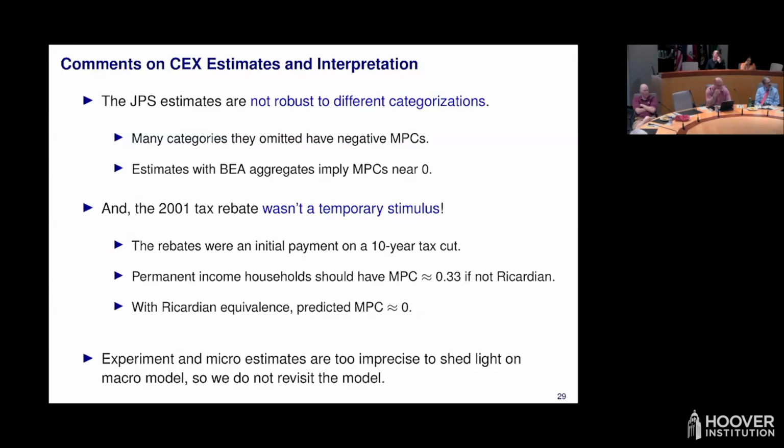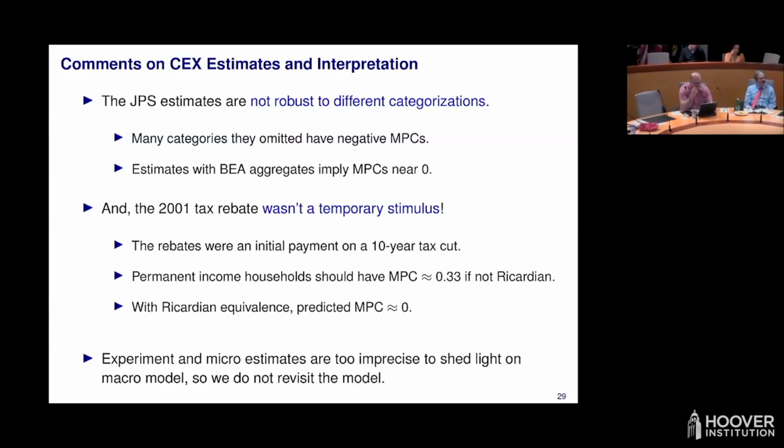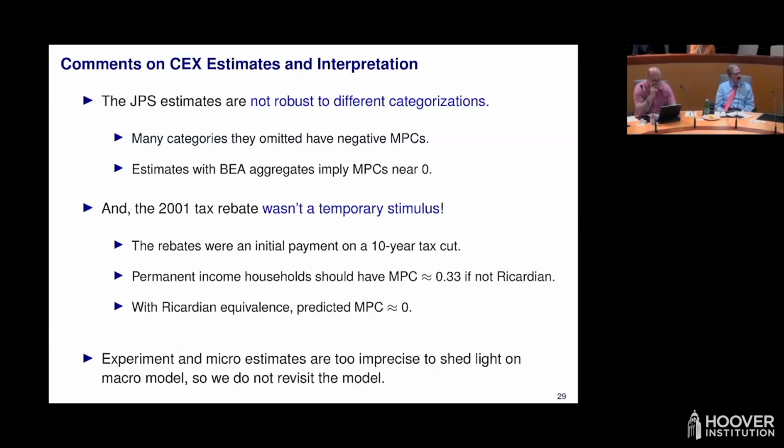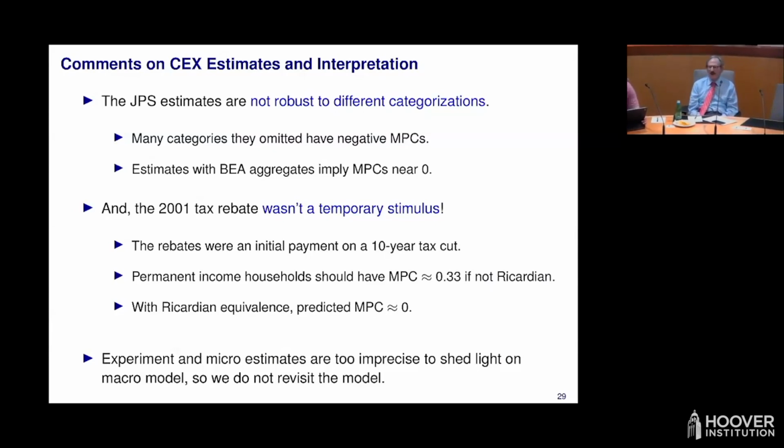Another way to divide the consumers up is into those who were excessively Ricardian, thinking their taxes were going to go up more, and those who assume that they get no hit because the taxes are all going to be on higher income people, and the like. So that's another way to think about it.